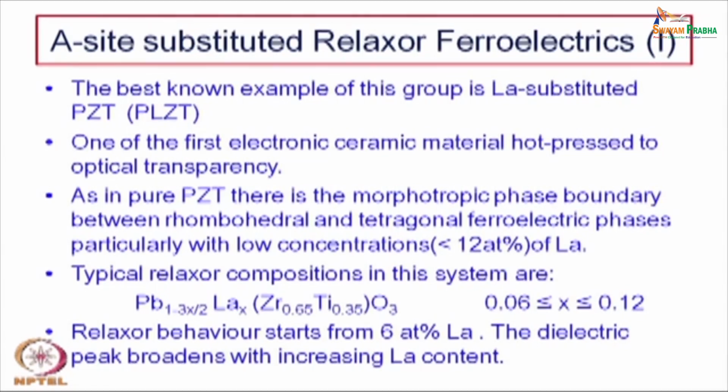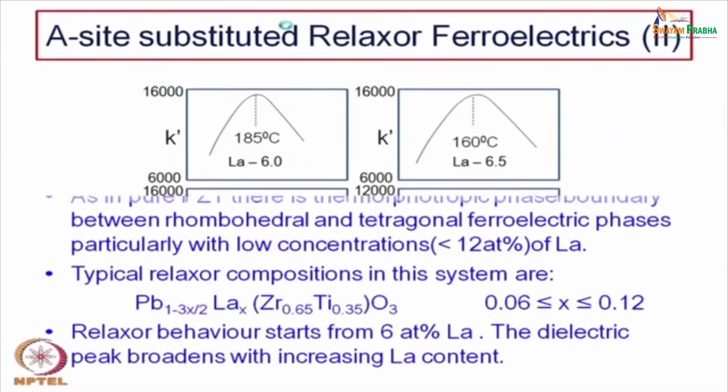Relaxor behavior starts from about 6 atom percent lanthanum, and it increases as the lanthanum percentage increases. The dielectric peak broadens with increasing lanthanum content, and that is possibly presented in the next slide.